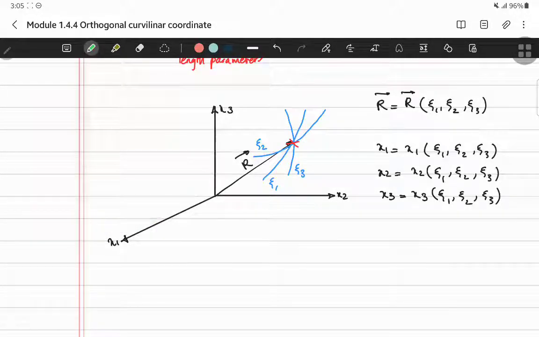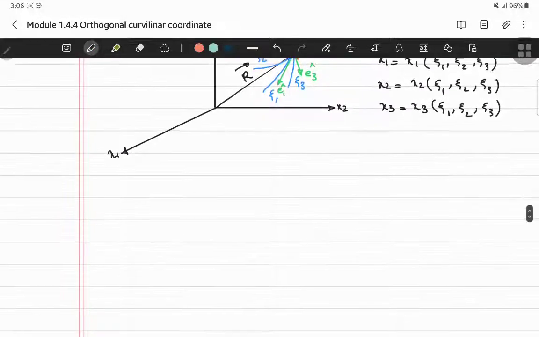So I can define E1, for example. This is E2, and I have E3 in here. So now I would like to find this E1, E2, and E3 for this curvilinear coordinate system.